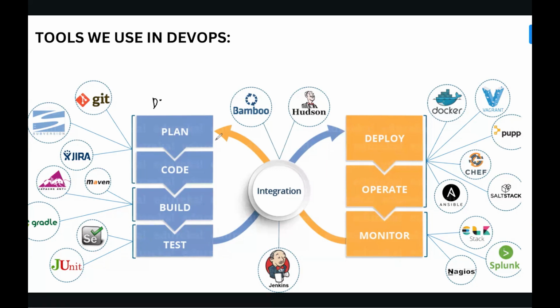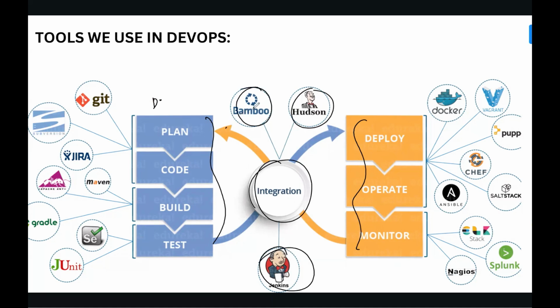So this is completely about the SDLC life cycle, right? To integrate all these phases, we have Jenkins, Bamboo as well as Hudson.